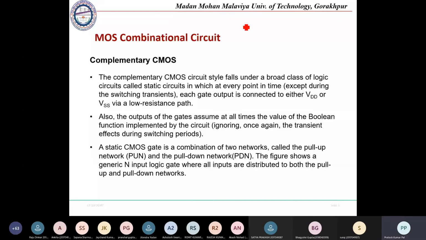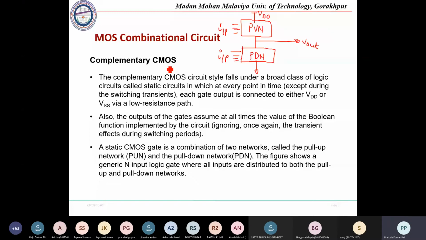It will be connected to VDD and the other will be connected to ground, and some inputs will be connected here and some inputs here, and we will be taking the output from here. So these are inputs. This is the generalized structure of complementary CMOS logic circuits.